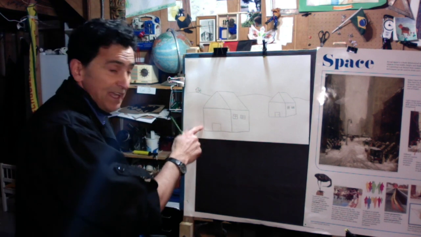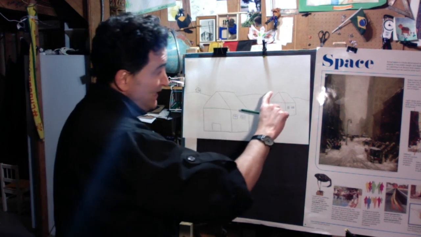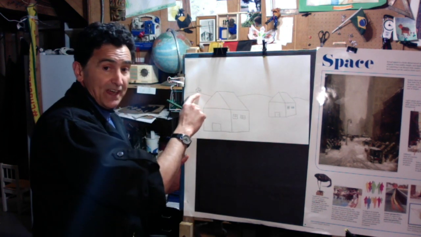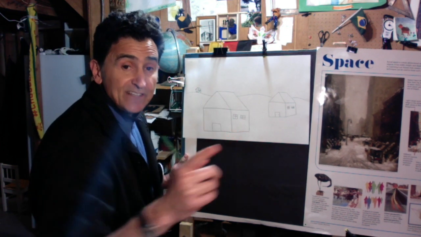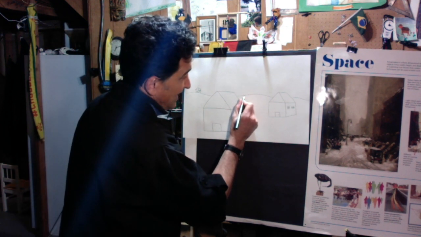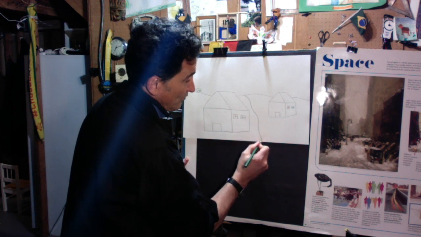For example, if I want a big tree close to the big house, if I want a medium-sized tree next to the medium house, the tree there is going to be very little. If I want to put a road, it's going to be like the way we did the river. See? I can start like this.